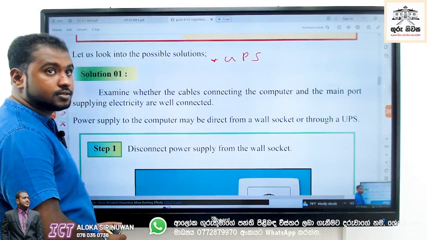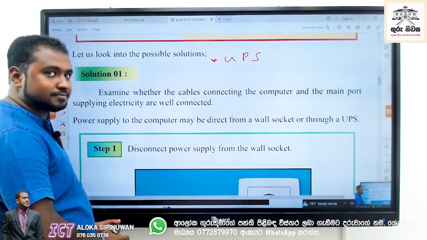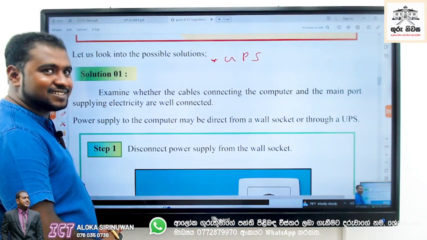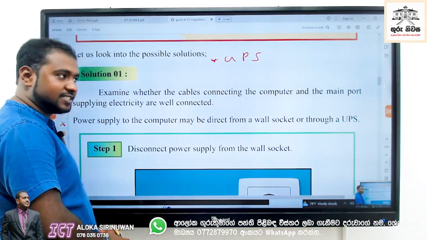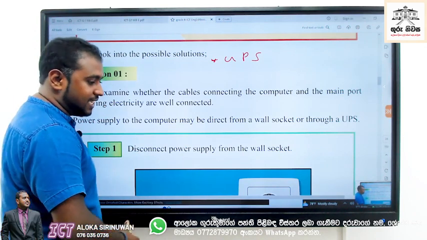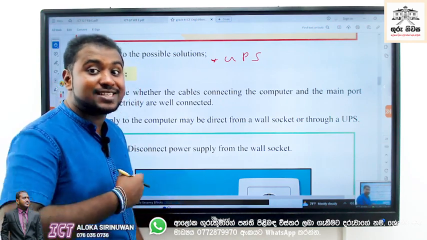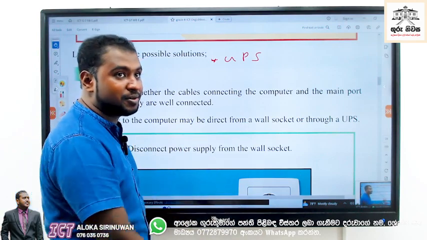Yes. If a sudden power failure occurs, the computer is saved from that. Definitely yes. Even though there is no power, the UPS gives you extra energy to keep your computer powered on.